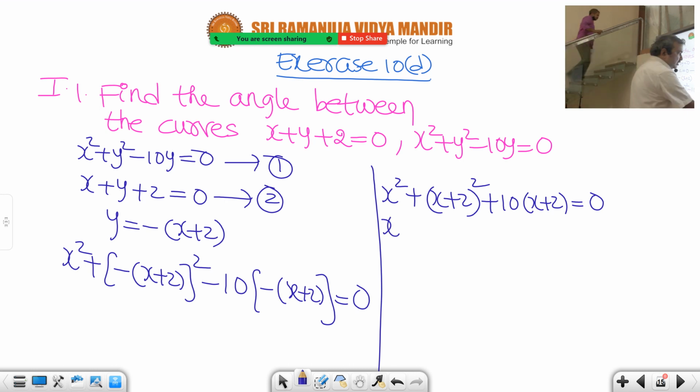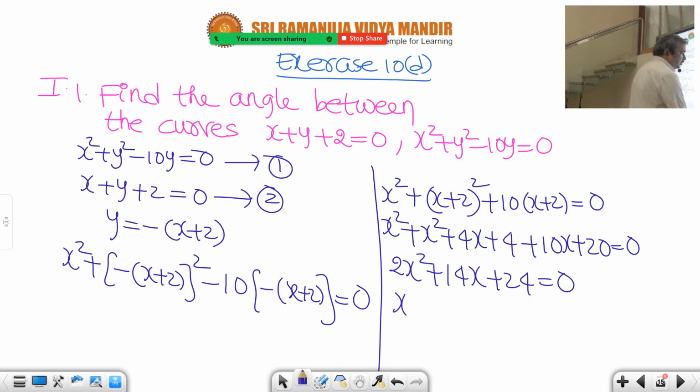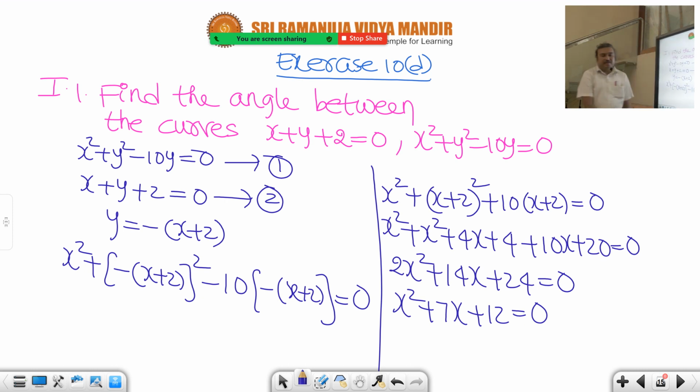So from this it is x square plus x square plus 4x plus 4, correct, plus 10x plus 20 equals 0. And after that 2x square plus 14x plus 24 equals 0. Now x square plus 7x plus 12 is equal to 0. So factorize for this.